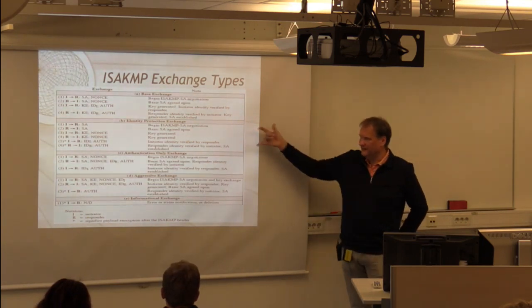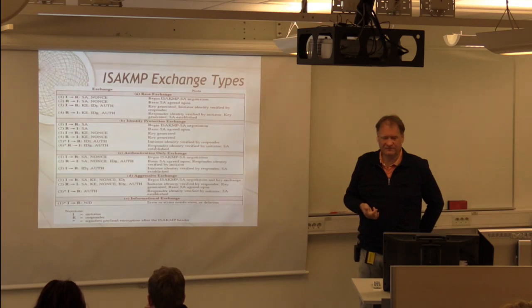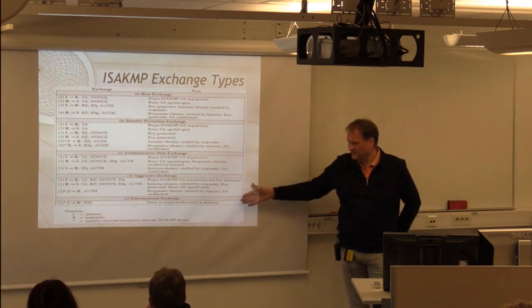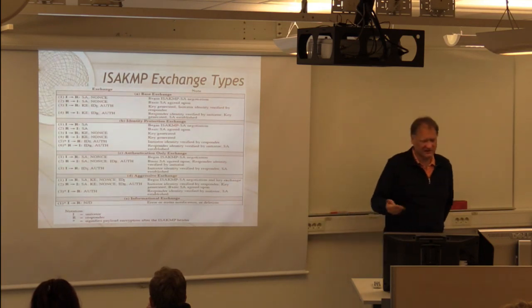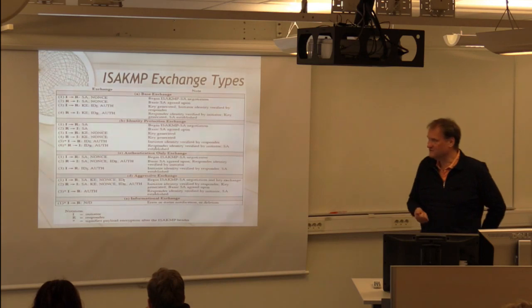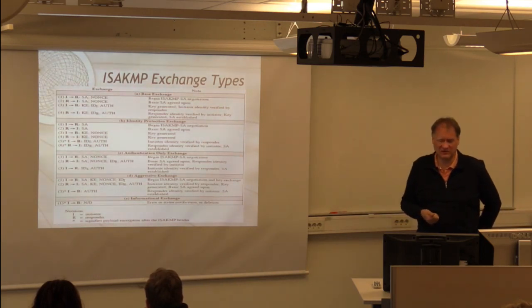For identity protection exchange, we need more messages. So the easiest one is just for information. That is just sending one packet. So again, we have the types, and then we have these ways to do the exchange. That's also quite complex.